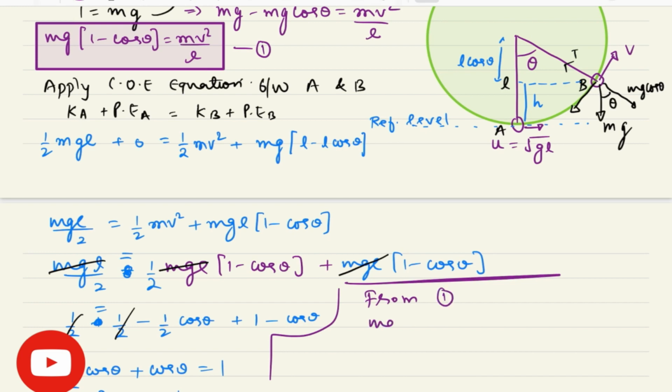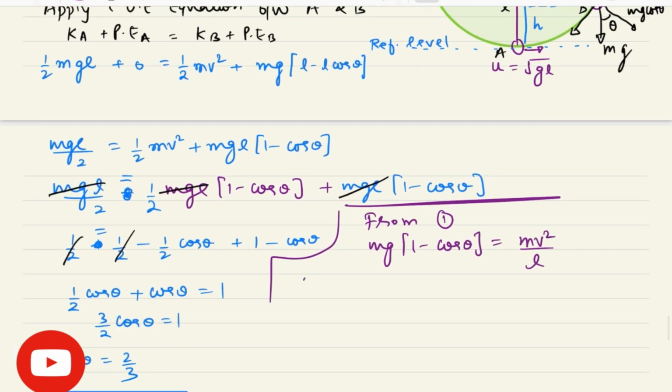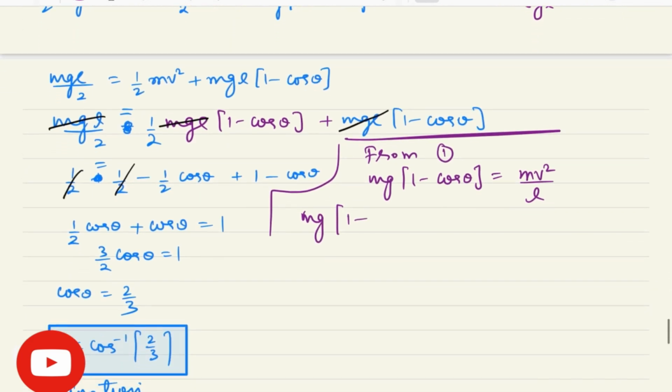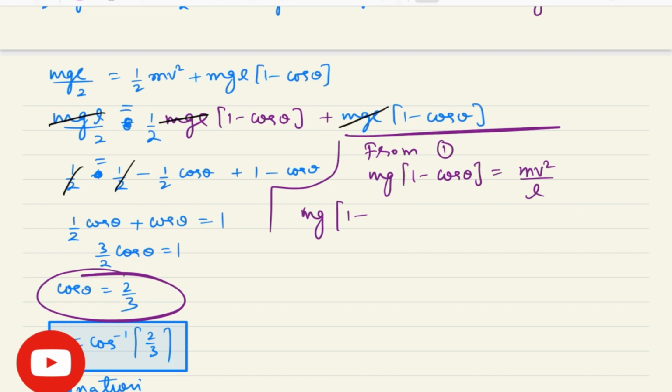So from equation first, we have mg(1 minus cos theta) equals mv square upon L. Let's put the value. So mg(1 minus cos of theta), here cos of theta is equal to 2 by 3, equals mv square upon L. The m terms cancel each other, so it comes gL times (3 minus 2) by 3, which is 1 by 3, equals v square.